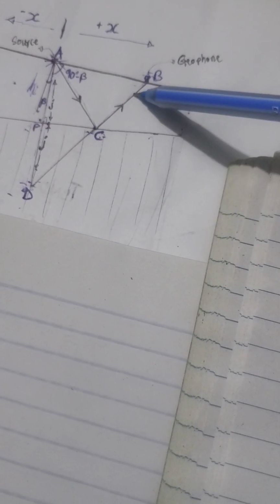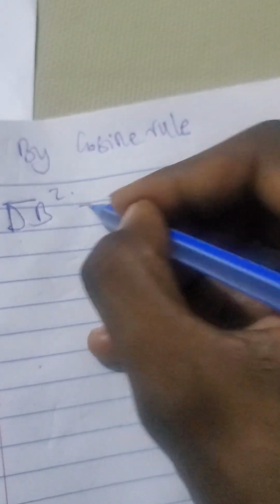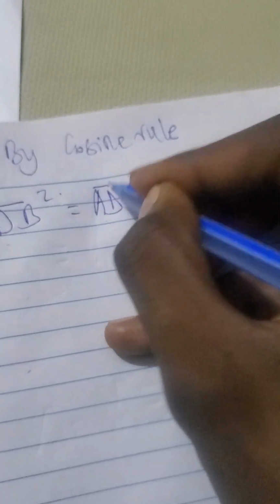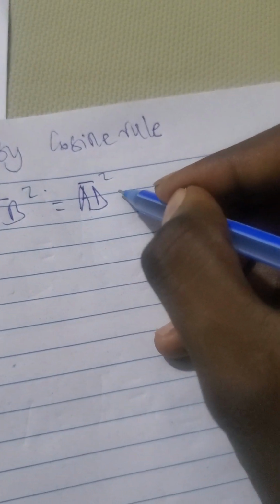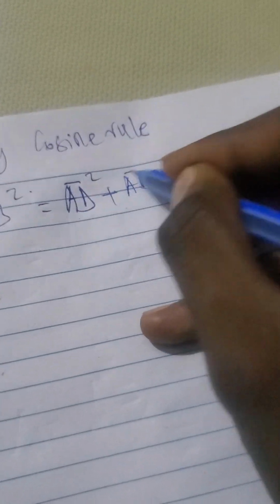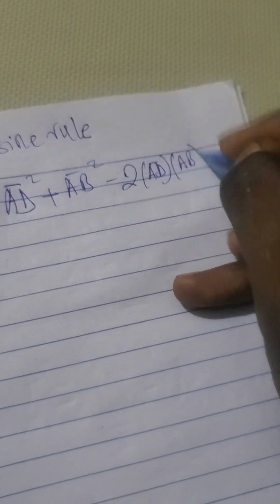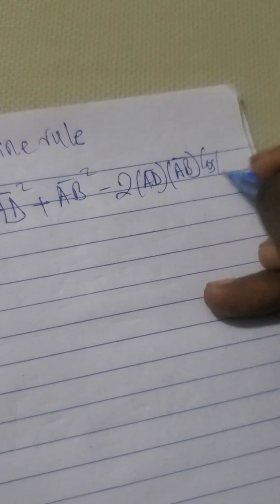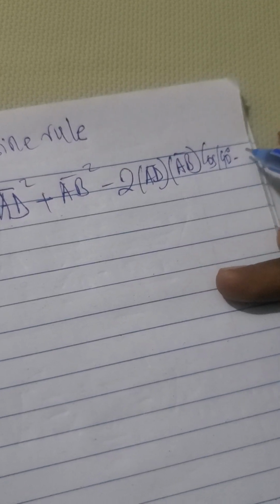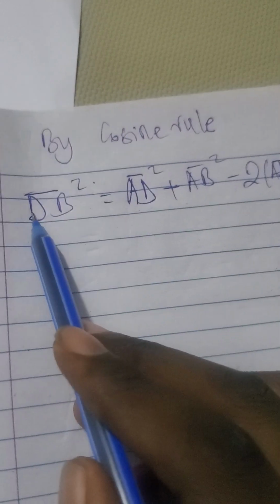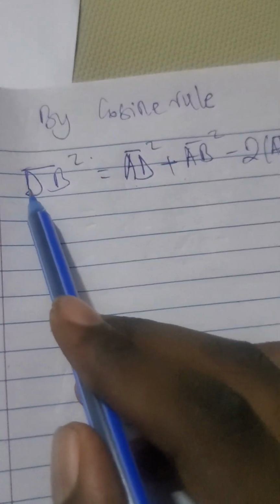Therefore, by the cosine rule, DB squared is equal to AD squared plus AB squared minus 2 AD AB cosine of 90 degrees minus beta. This is the squared total travel distance.